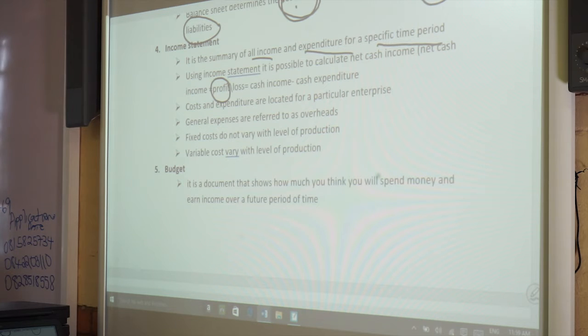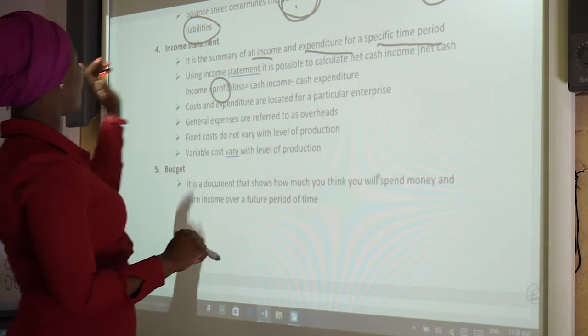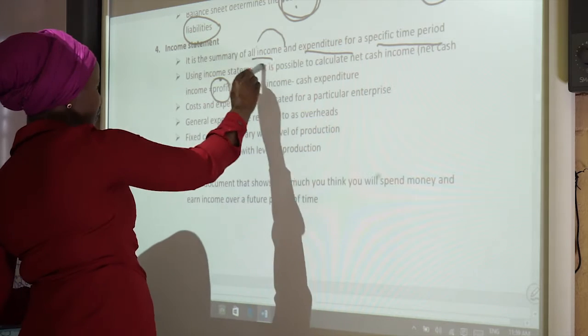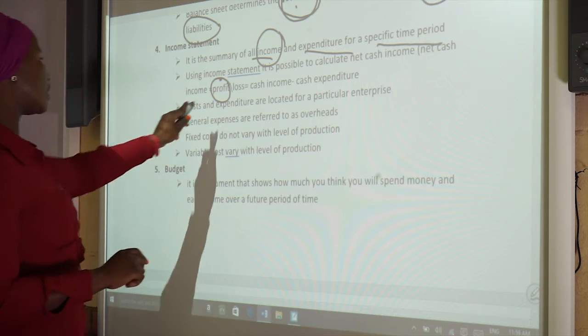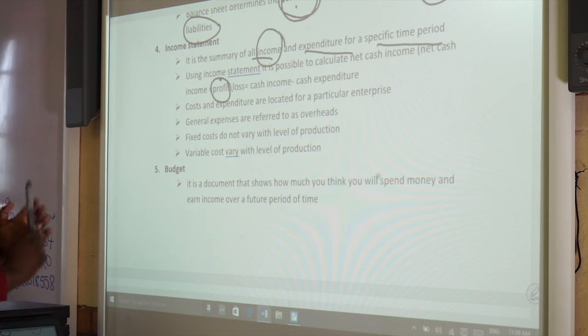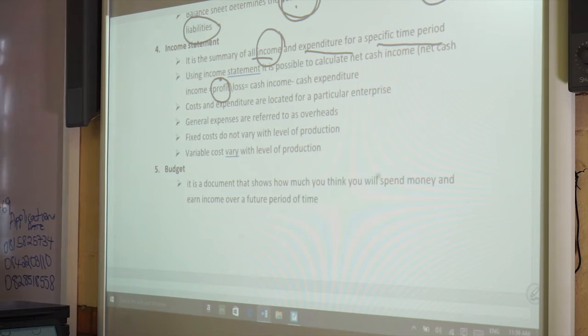But in a balance sheet, we say cattle, because we are speaking of cattle as an asset. But when we are speaking of cattle here, we're looking at them as something that can give us income. So we sell them so that we can get the money. And then from there, we look at whether the business is making a profit or the business is running on a loss.